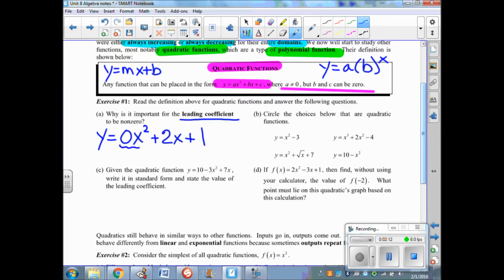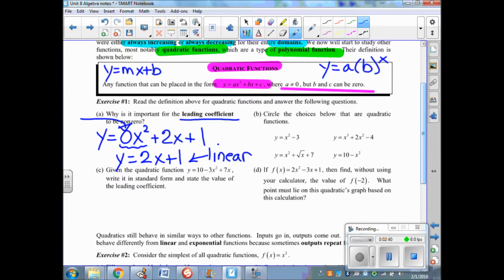What is 0 times x squared? That ends up being 0, and now we have 2x plus 1. So what is 2x plus 1? Is that quadratic anymore? And hopefully you're saying, no, that's linear. So that's why it's important for that a value to be non-zero, meaning not to be 0. Because if it's 0, we end up with a linear.